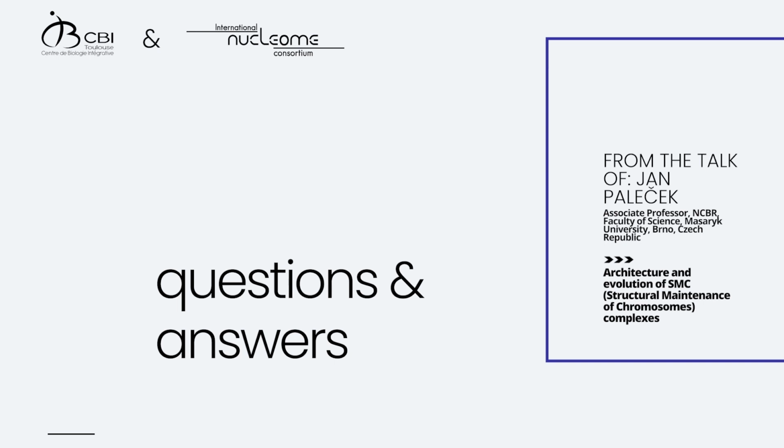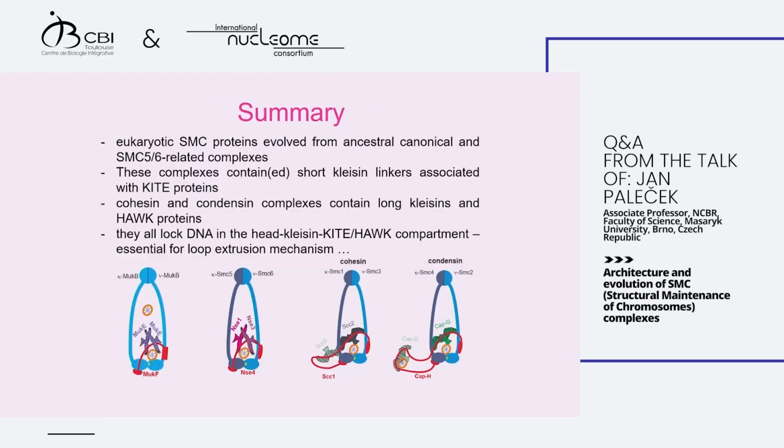It's not clear what this compartment does, but I can imagine that when you extrude the loop, you need an anchor which is simply fixed, and then you extrude. The other part is flexible. So this compartment is probably the anchor, and the other part, if I go back, you have enough space here to embrace whatever.